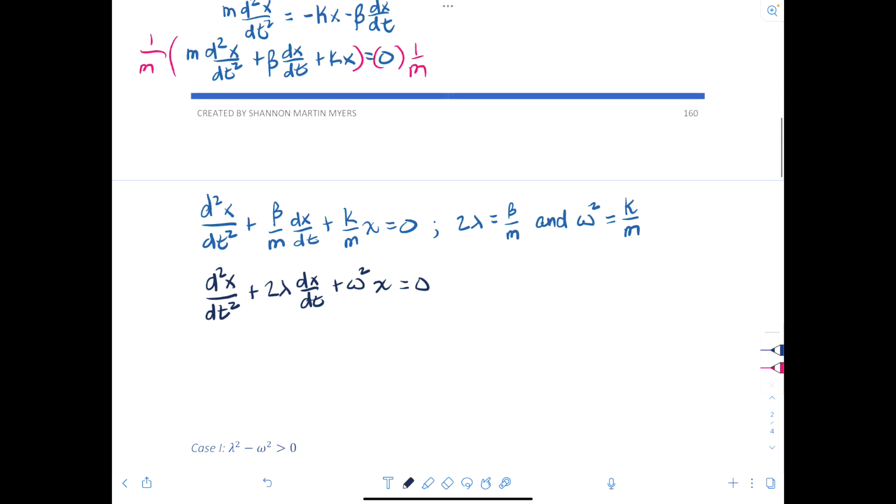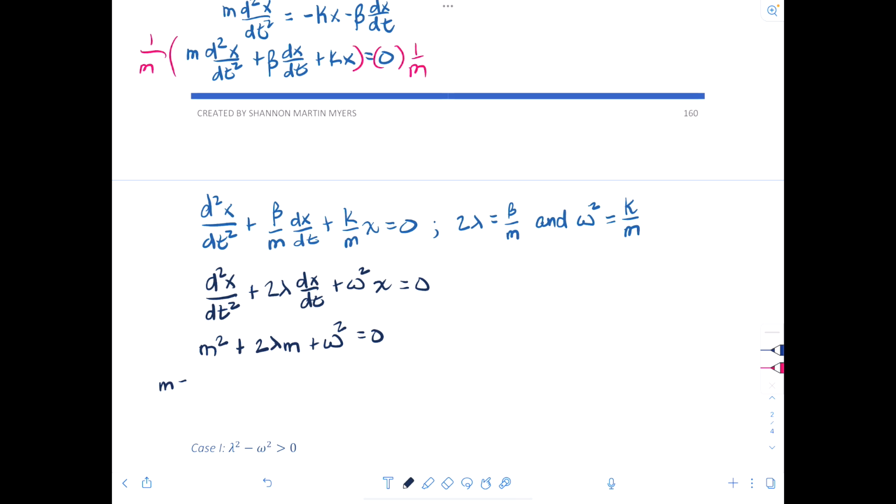And then we need to find our auxiliary equation, which of course is m squared plus 2 lambda m plus omega squared equals 0. Cool so far? All right. And now let's use that quadratic formula.